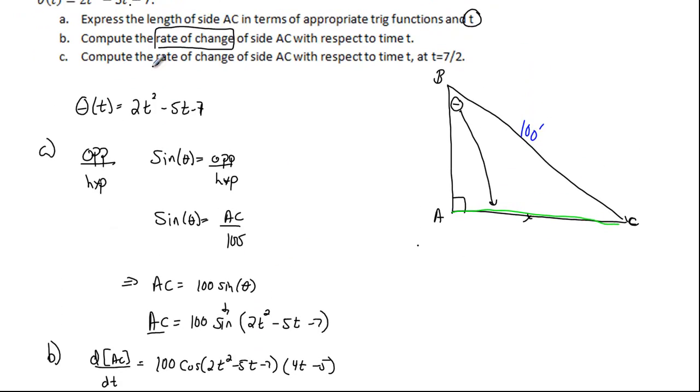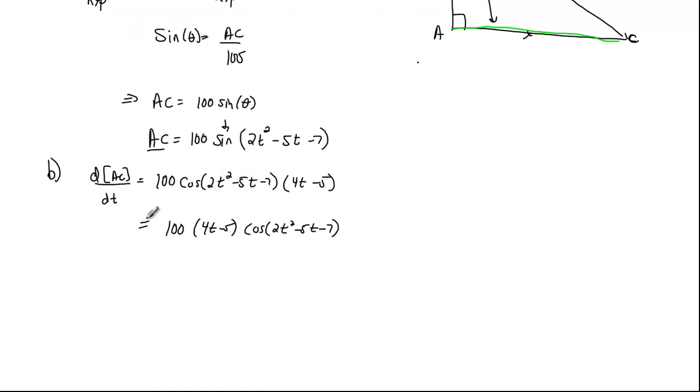Part C says compute the rate of change of the side AC with respect to time t when t equals 7/2. So this is asking us for the derivative of AC with respect to t when t is equal to 7/2.